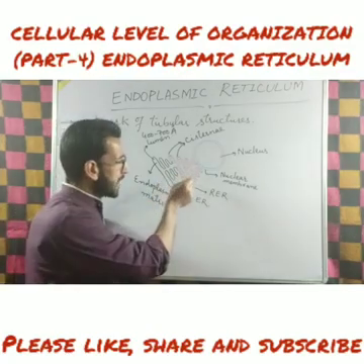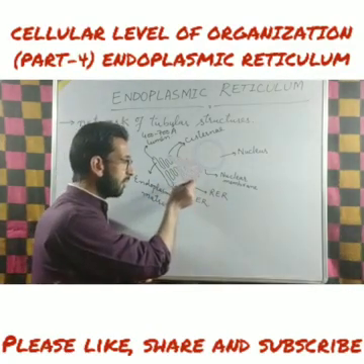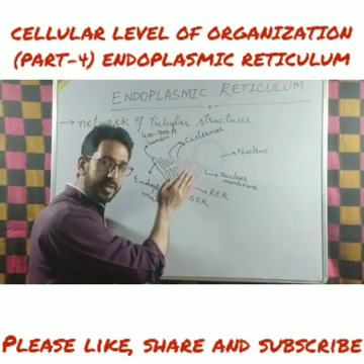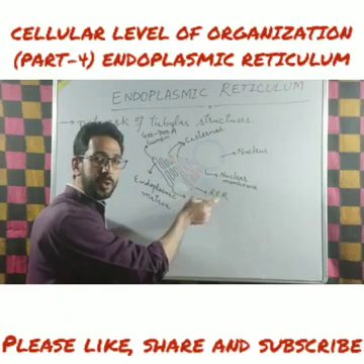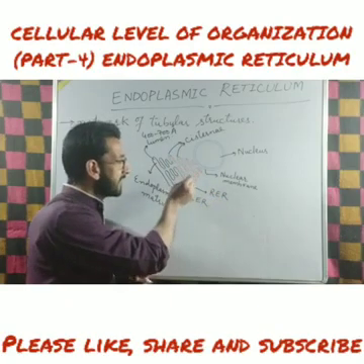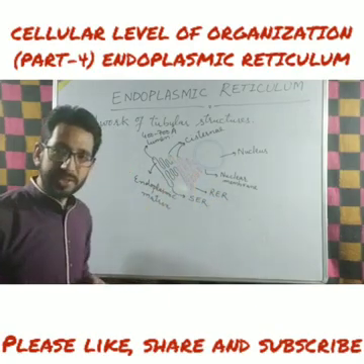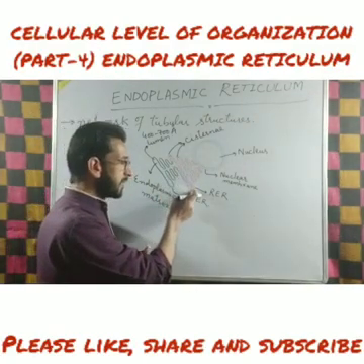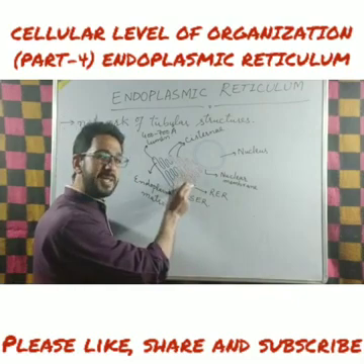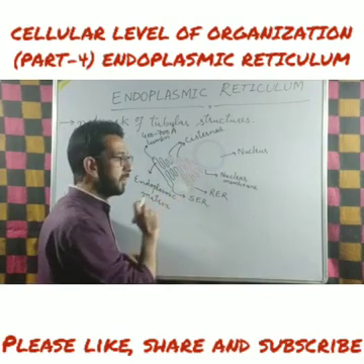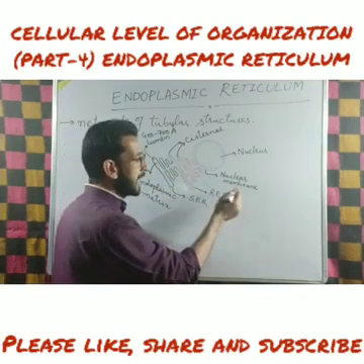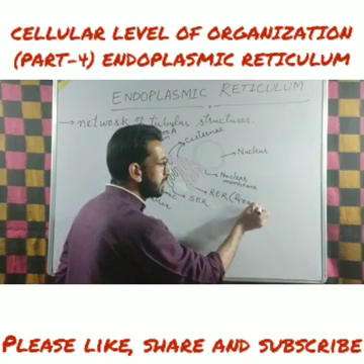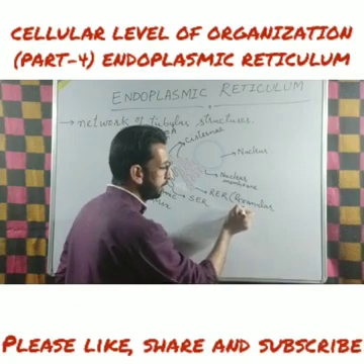The ribosomes are attached on the surface of endoplasmic reticulum, which makes its surface rougher, so it is called rough endoplasmic reticulum. And these ribosomes are small granules, so because of their presence on the surface, the rough endoplasmic reticulum is also called granular endoplasmic reticulum.